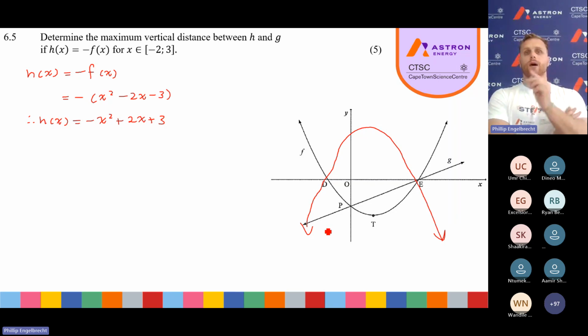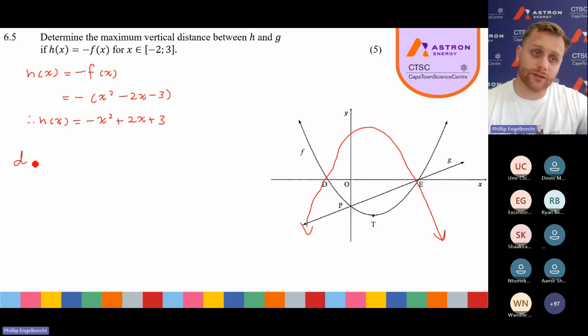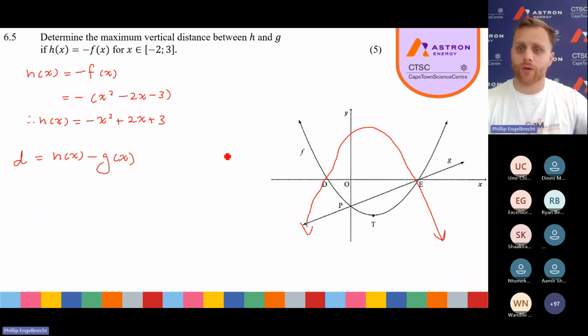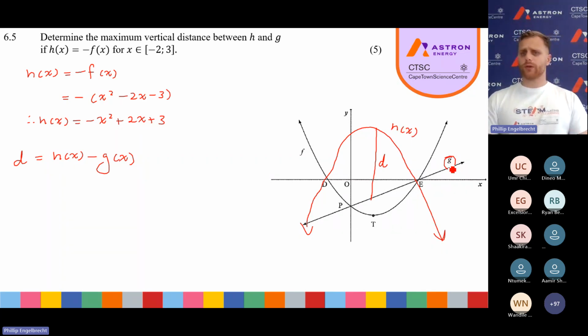Now, we want to know what is the vertical distance between h and g. So I'm going to say the distance is equal to h of x minus g of x, because we basically want to know what is that vertical distance over here. Here's h of x, and here's g of x. So we take h of x and we subtract g of x from h of x.